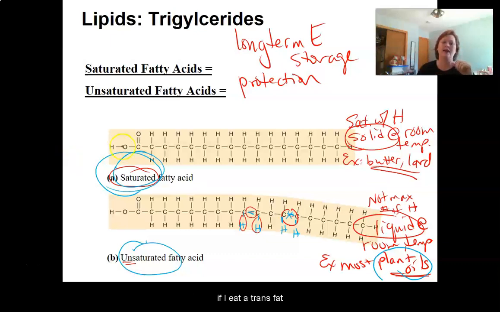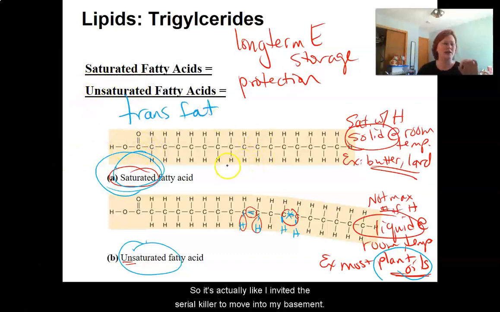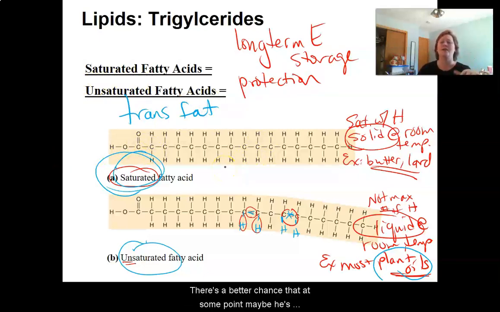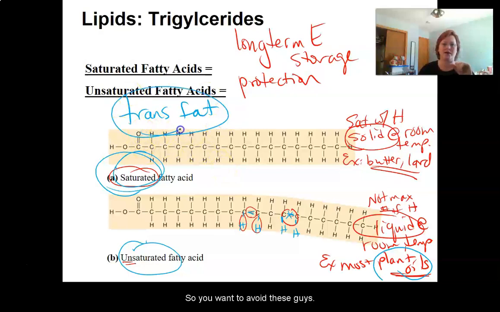However, if I eat a trans fat, it's harder for my body to break down. So it's actually like I invited the serial killer to move into my basement. So now he's living there for a few months. There's a better chance that at some point maybe he's going to snap and kill us. So you want to avoid these guys.